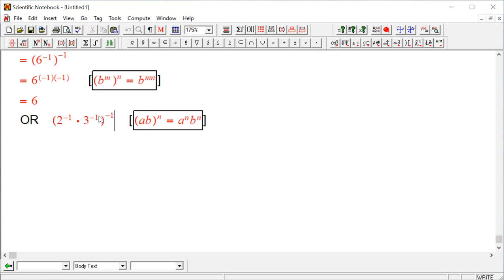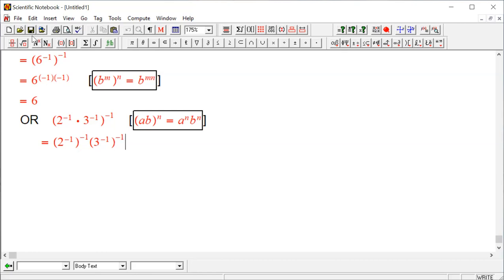So we can distribute the -1 to each one of the bases. If we apply this property, we're getting 2 to the power -1, which we had before, and then outside to the power of -1, because that's from over here. And 3 to the power of -1, and then to the power of -1.